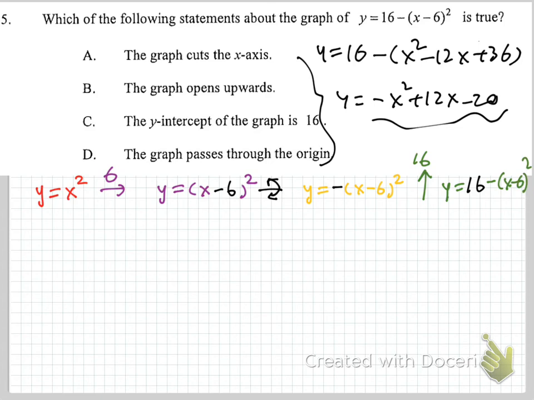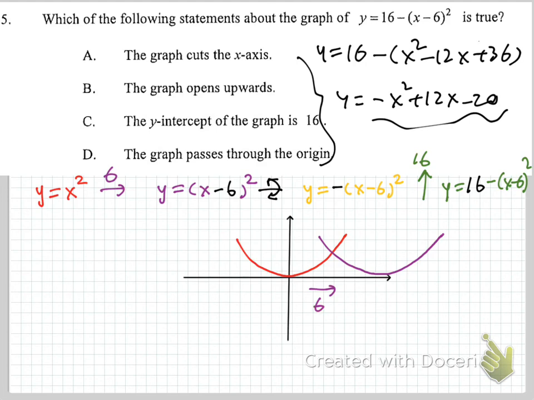Alright, so now you have this story. You can take the original red graph. It is y being x squared, alright? So you move to the right hand side by 6 units. This is the purple one. And then you do an up-down flip. So that is the yellow one.